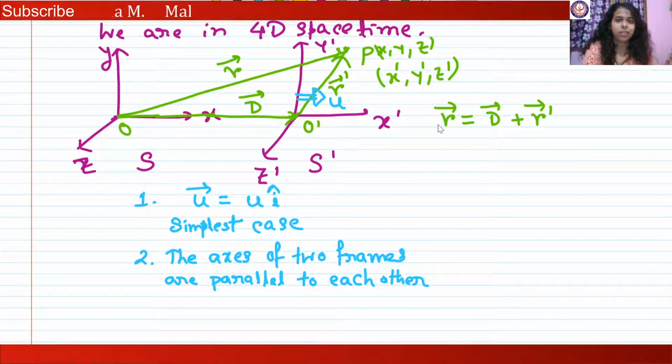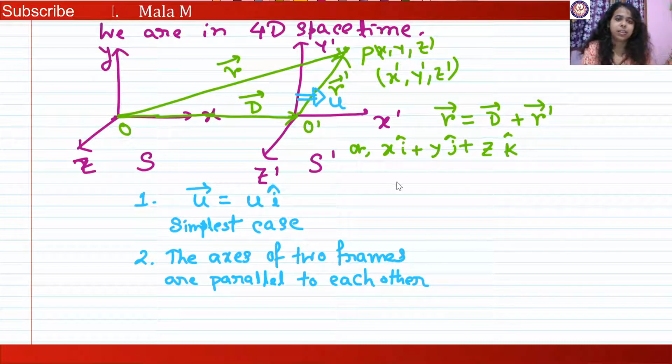Now, what is the r vector? The r vector is x i plus y j plus z k. And what is the d vector? You can see d vector is along the x-axis.